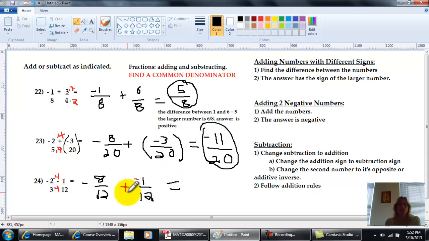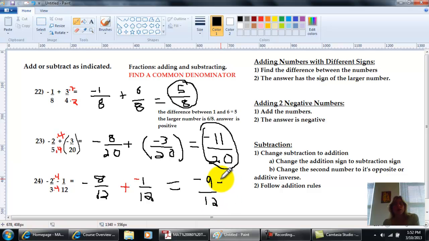Now we have addition of two negative numbers. So we follow those rules, add the numbers, and the answer is negative. We found a common denominator, so we add the numerators. 8 plus 1, which is 9. The answer is negative no matter what. And the answer is 9/12. We can reduce this answer though, just like a normal fraction.